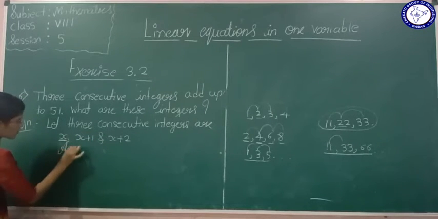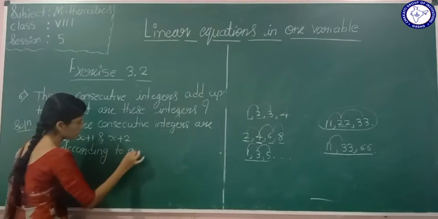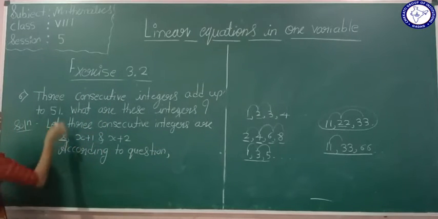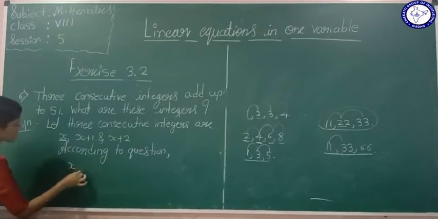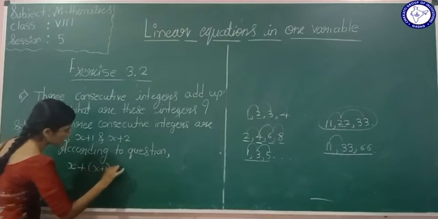See, according to the question, what are they given? The 3 consecutive integers add up to 51. Add up means that is the addition of these 3 integers.